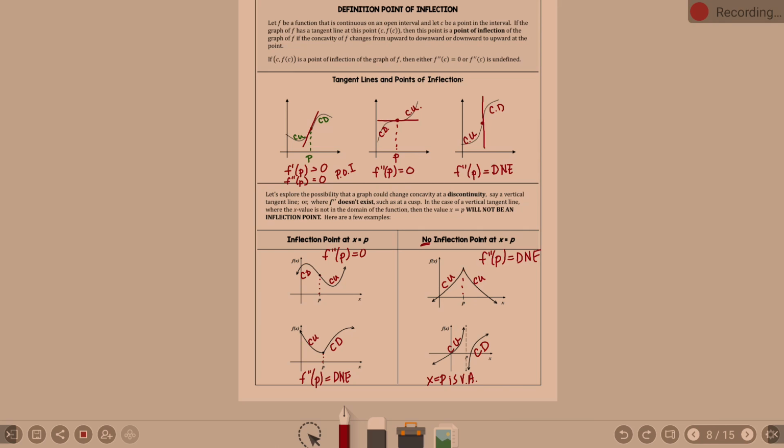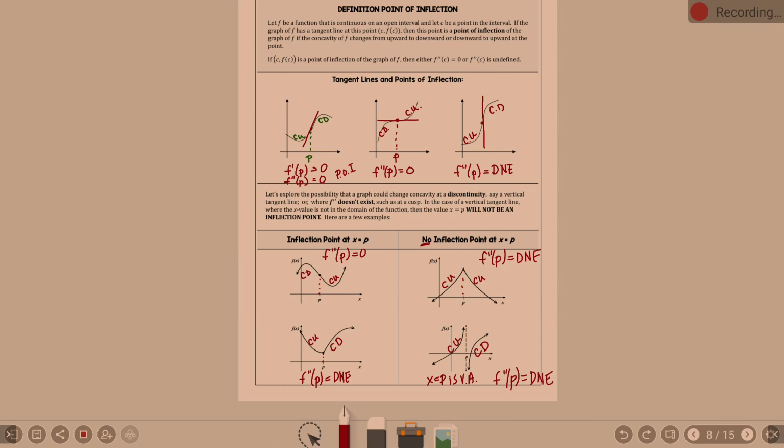So with that x equals p being a vertical asymptote, with it not being continuous, we can't talk about there being an inflection point. And again, it's different, but the second derivative again does not exist. This time it does not exist because it's a vertical asymptote. So there's always these special cases, right? It's always nice when they give us the nice normal problems that work out nice and neat, but we've always got the special cases as well.